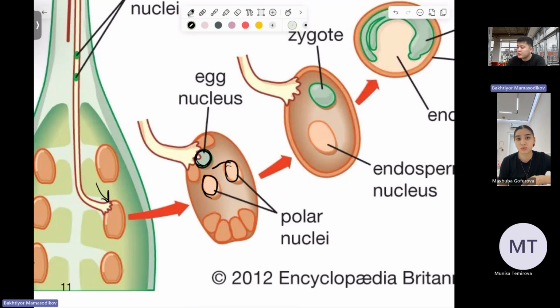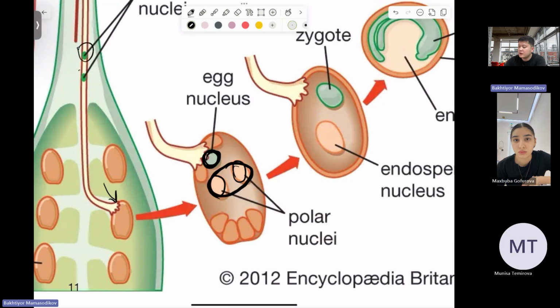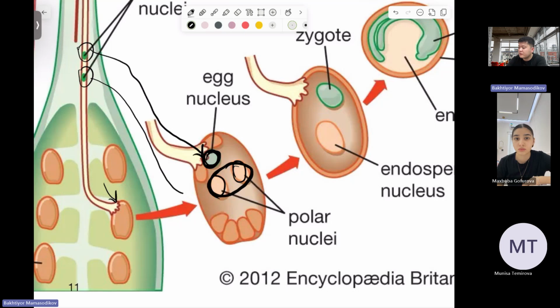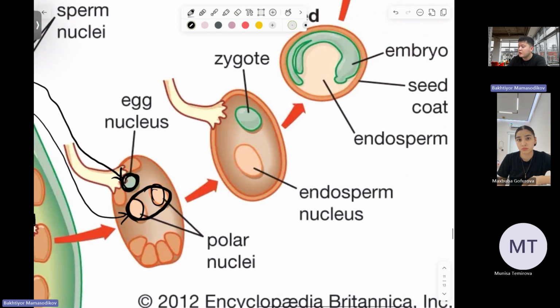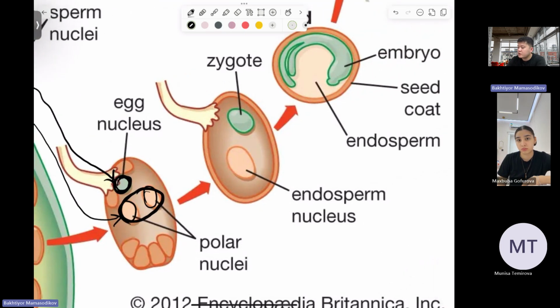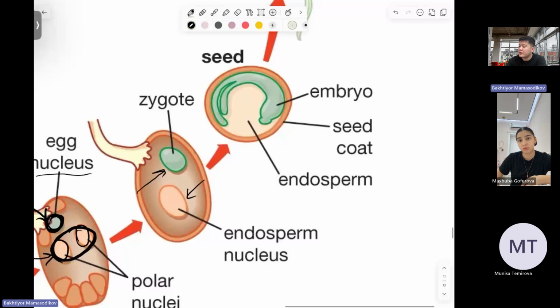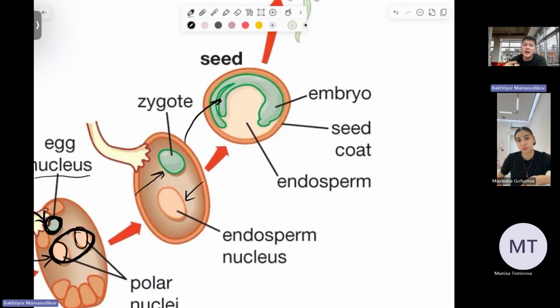One sperm is going to fuse with the polar nuclei, another sperm is going to fertilize the egg nucleus. When the polar nuclei fuse with the sperm cell, they form the endosperm nucleus, and when the sperm fertilizes the egg nucleus, they form the zygote. From the zygote the embryo will develop. This is the plant embryo.